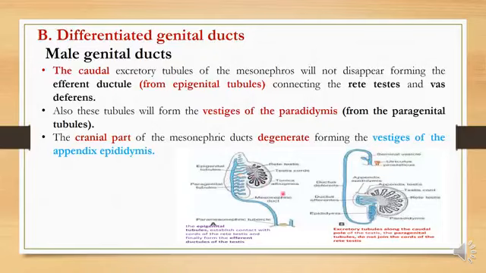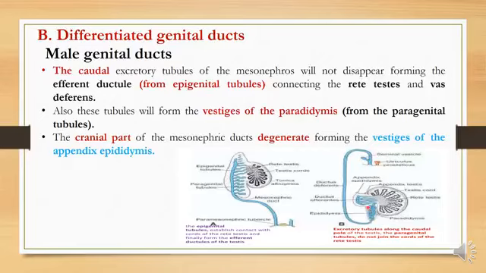The efferent ductuli connect the rete testis and the vas deferens, also called ductus efferens. Also, these tubules will form a vestigial paradidymis from the paragenital tubules.